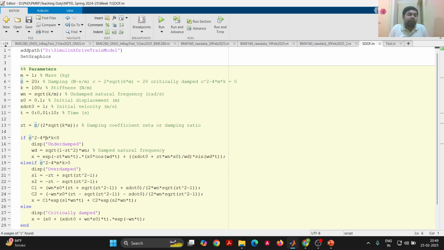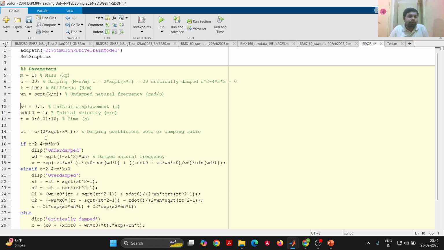Next, we define the damping value in Newton second per meter, the damping factor, and then the stiffness in Newton per meter is defined as K. Then the undamped natural frequency omega n we calculate here as square root of K by M, and here we define the initial condition.